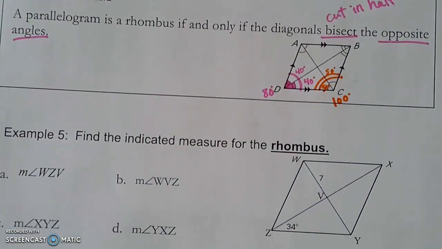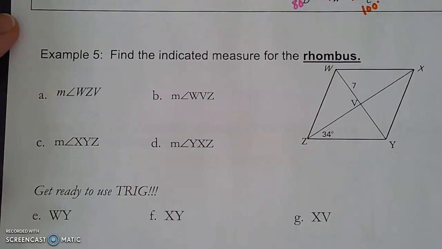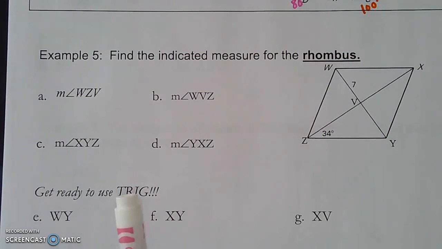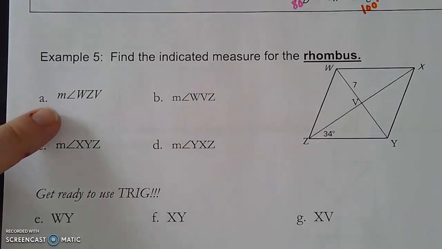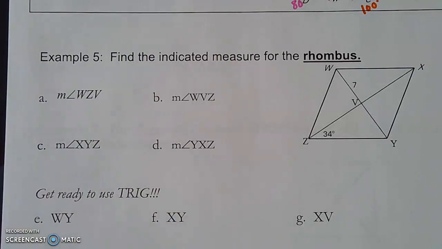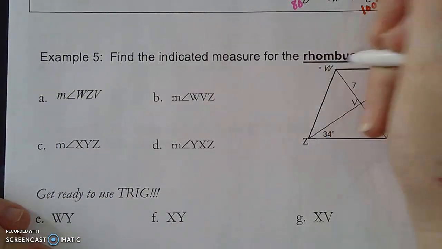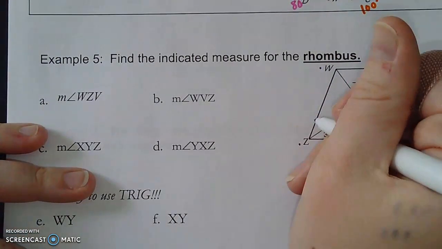All right, so let's go ahead and apply this into some practice problems. I'm noticing some trigonometry is going to be used. If you need support on trigonometry, talk to your teacher about getting some extra help. This problem says the angle WZV, which is this angle right here.